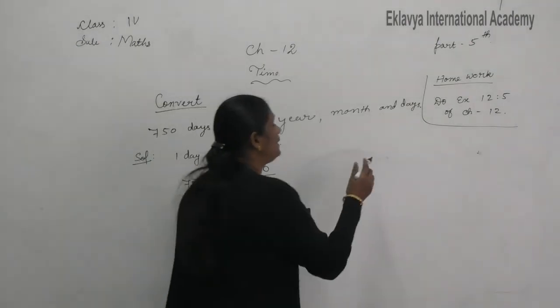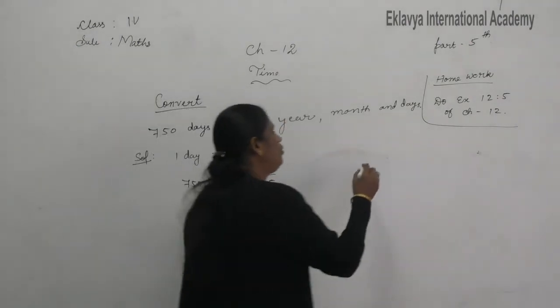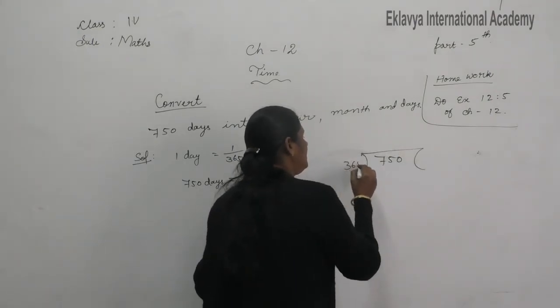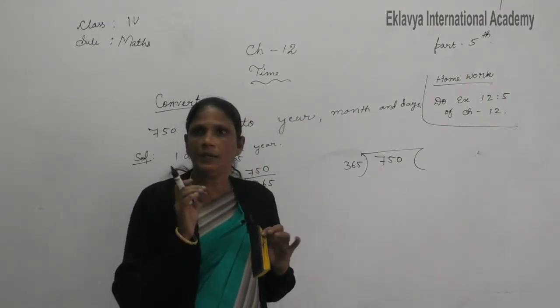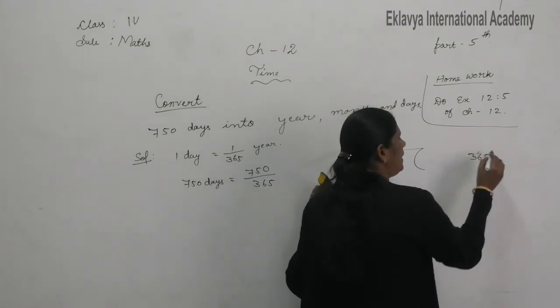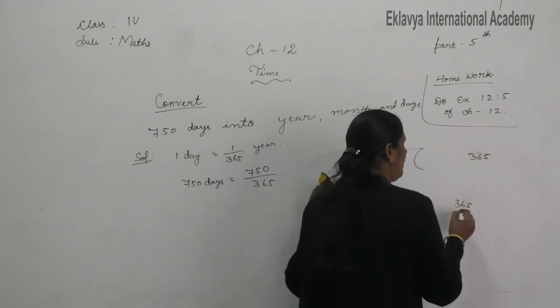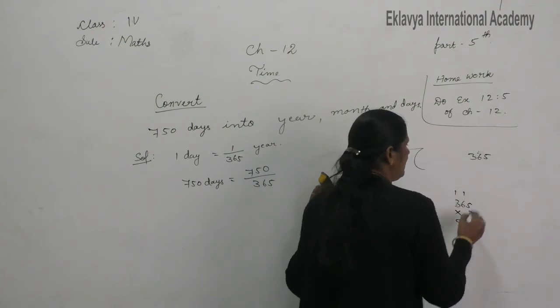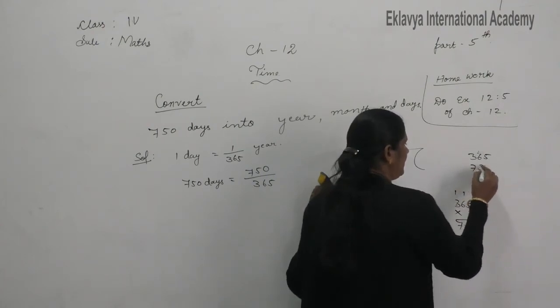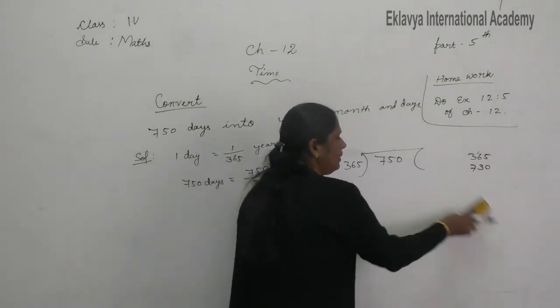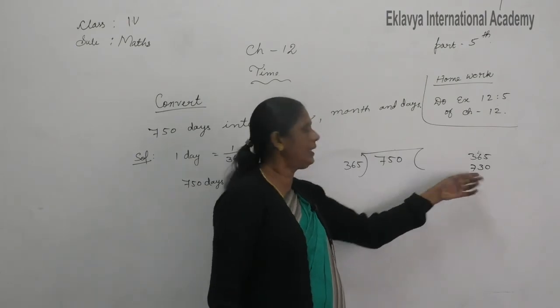If you don't know the table of 365, take a rough notebook and multiply this way: 365, then 365 multiply 2 is 730.